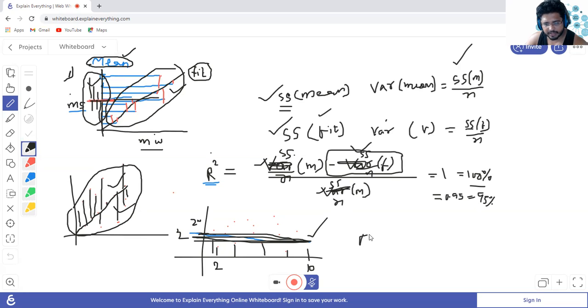So that means for R square, we need not calculate variance. We can directly calculate from SS mean only, because all have a common denominator n, which will cancel out. So SS mean minus SS fit by SS mean.